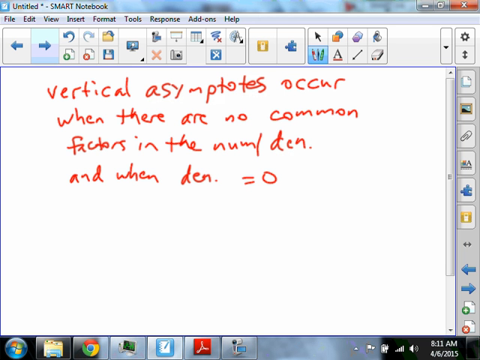Vertical asymptotes occur when there are no common factors in the numerator and denominator, and when the denominator is 0. Now, it is possible for a function to actually have both a hole and an asymptote in it. But in general, if we just think of a real basic rational function, vertical asymptotes are going to happen whenever the denominator is equal to 0. That's where they're going to happen.